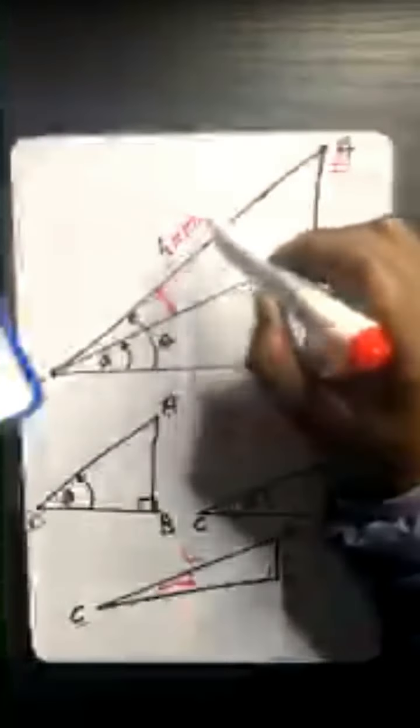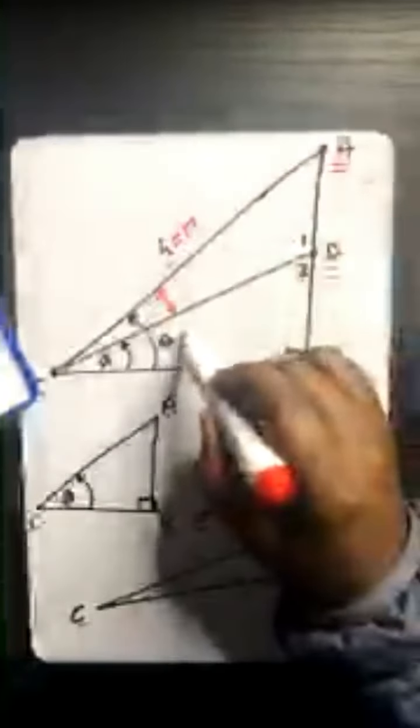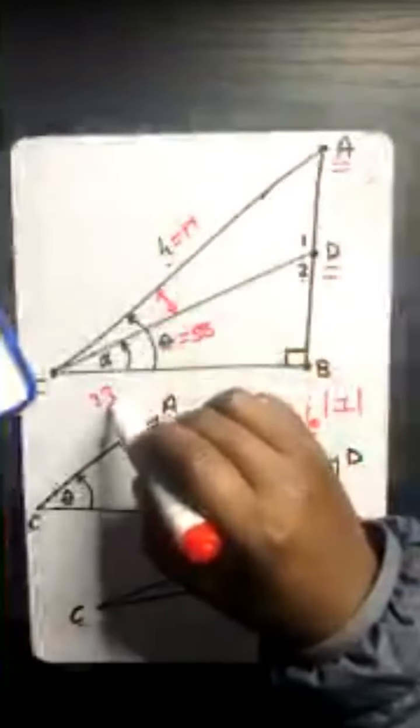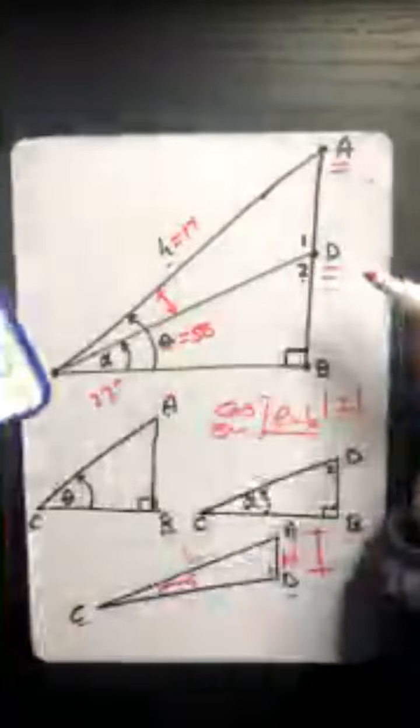And they say that's if H is equal to 17 units, theta is equal to 58, and alpha is equal to 23 degrees. Someone clever knows what to do there. You will discover more of that when we do corrections tomorrow.